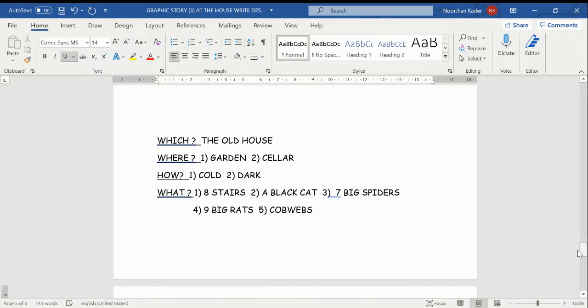So the big house, we've already answered. Now we are going to look at where: garden and cellar.